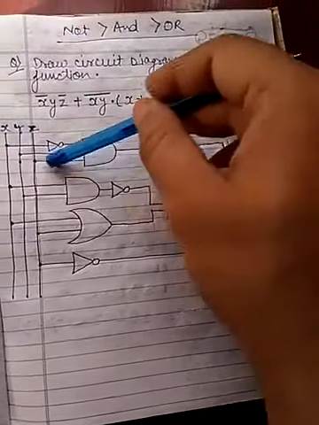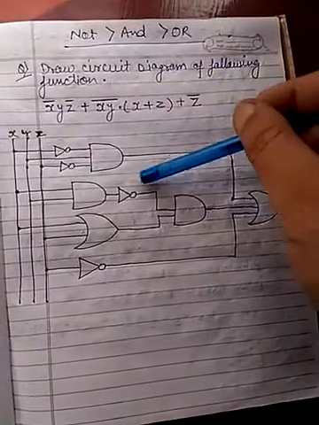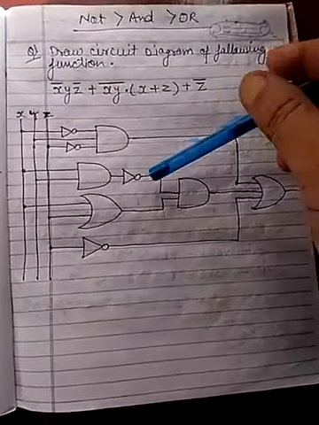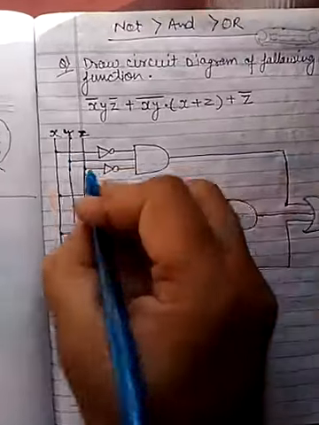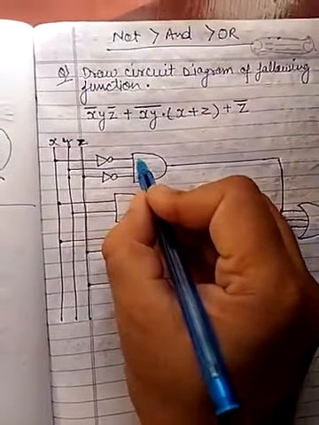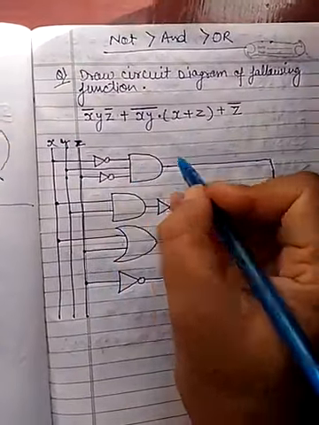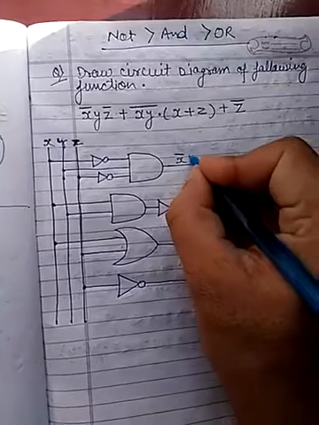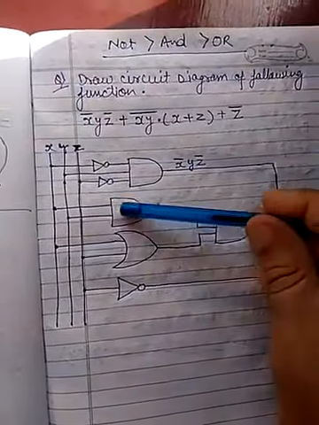Now you have to write the expression of this logical circuit. How can we write the expression of this logic circuit diagram? Let us see. This is x', this is y, this is z'. These three are multiplied over here, so it is x' y z'.